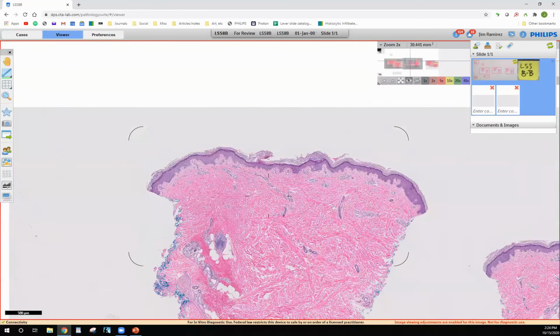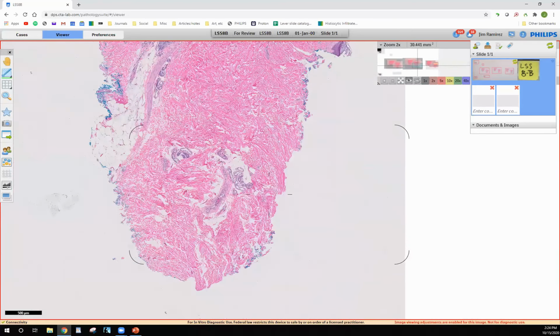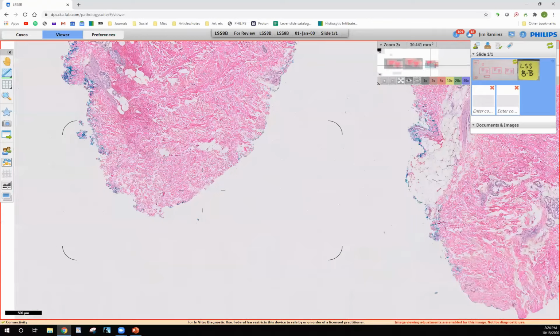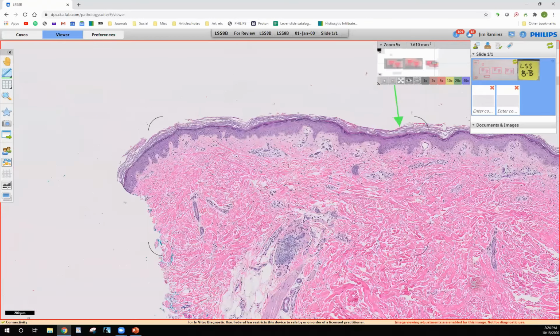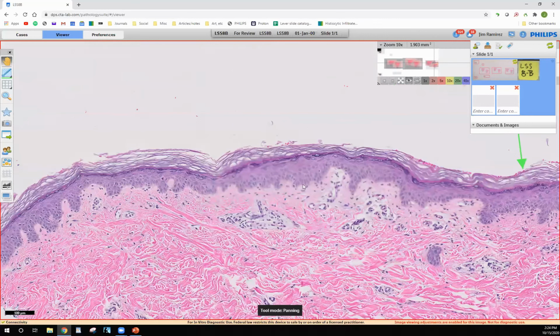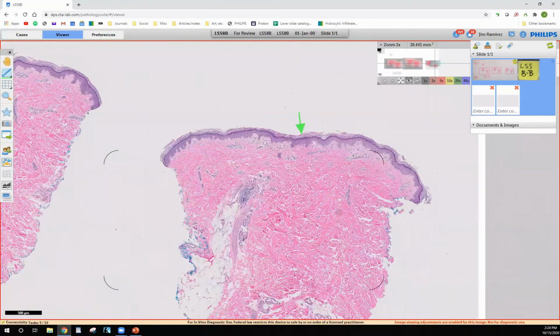You have to really have a high index of suspicion to be able to get it just from this, and correlate it clinically. Call your clinician, see if it matches, see if it's something that maybe they didn't even think of, because sometimes it can be difficult to diagnose clinically as well if it's a subtle finding. Here's another necrotic keratinocyte. But not much else going on here.